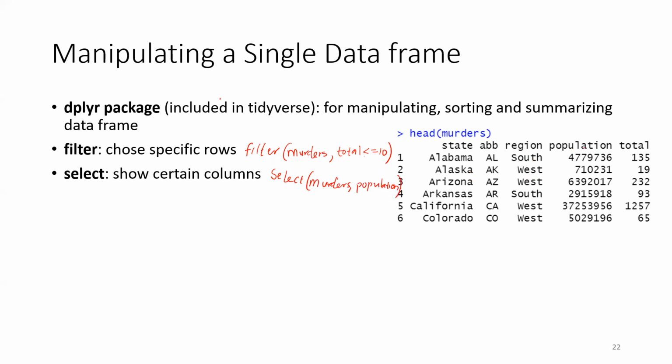That will show me only the population column. Or if I want to see the population and total, I'll put a comma and then include total, then it will show me the population and the total column. So that is what the select function does.